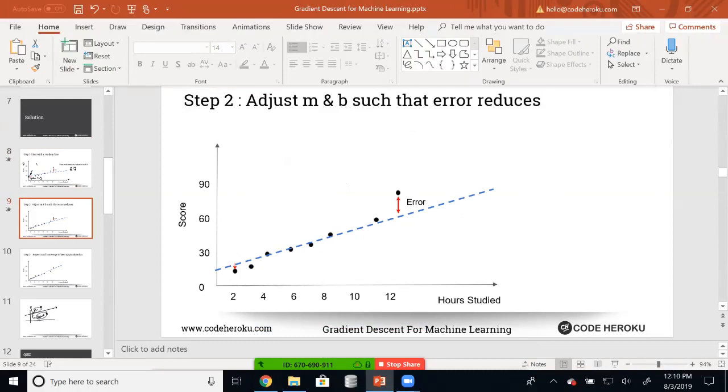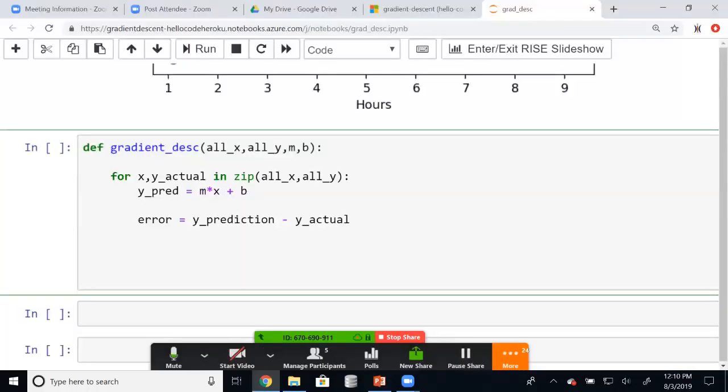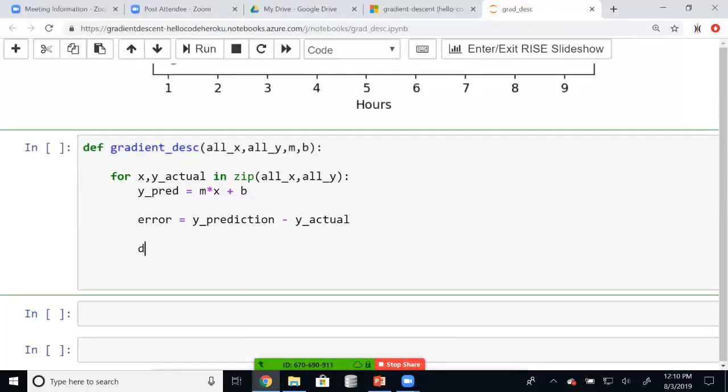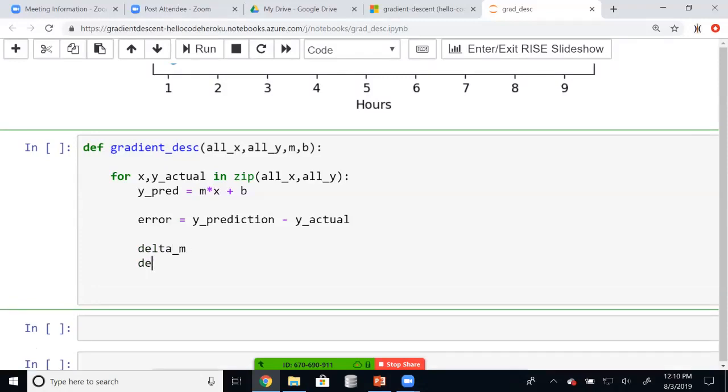So let's come over here. Let's say I want to adjust M and B with a small amount. So let's say I'll adjust it as delta M and delta B. Right now, we don't know what the value of this delta M and delta B should be, but we know that we want to adjust the M and B based on the error which is present in our predictions, right?